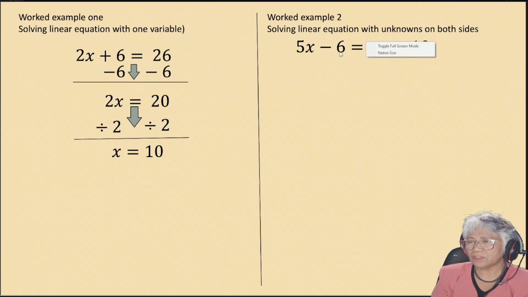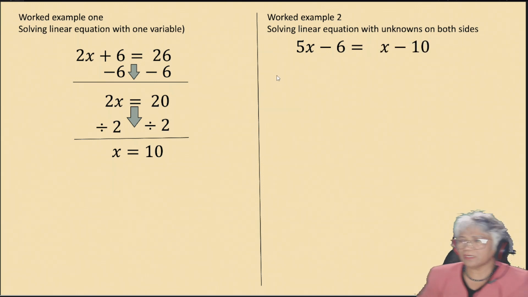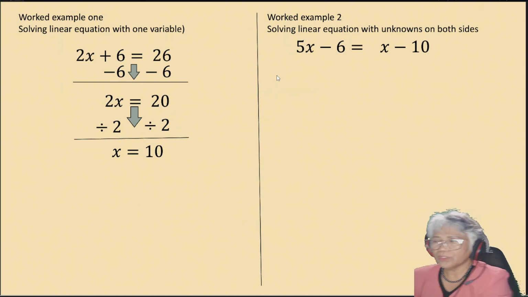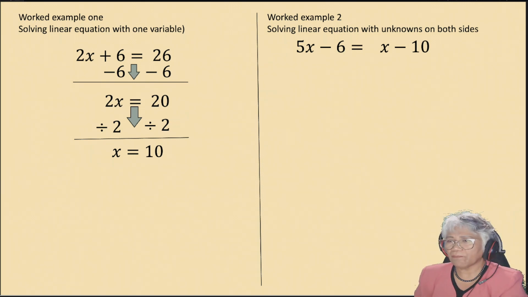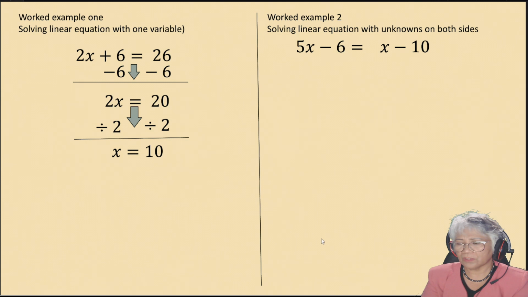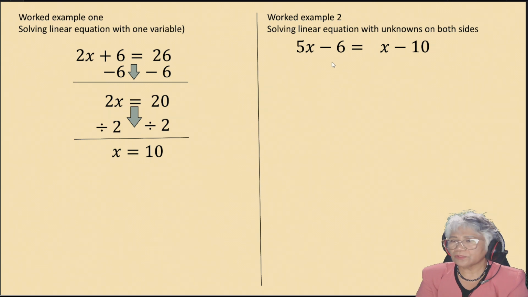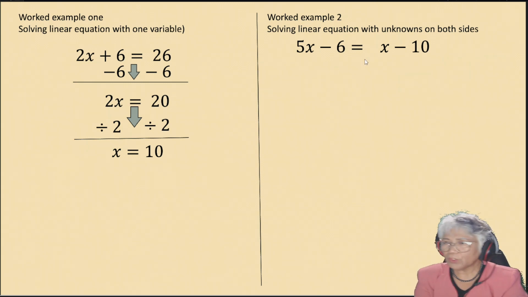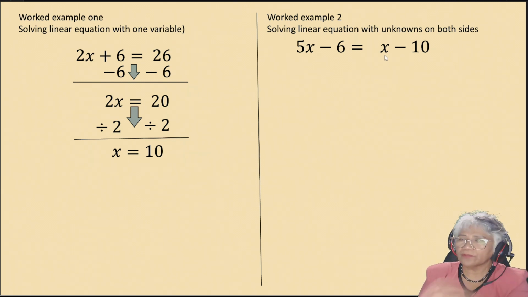So what are we going to do? We can remove this x first on the right side. We want the unknown to be on the left, so we can apply the opposite here.